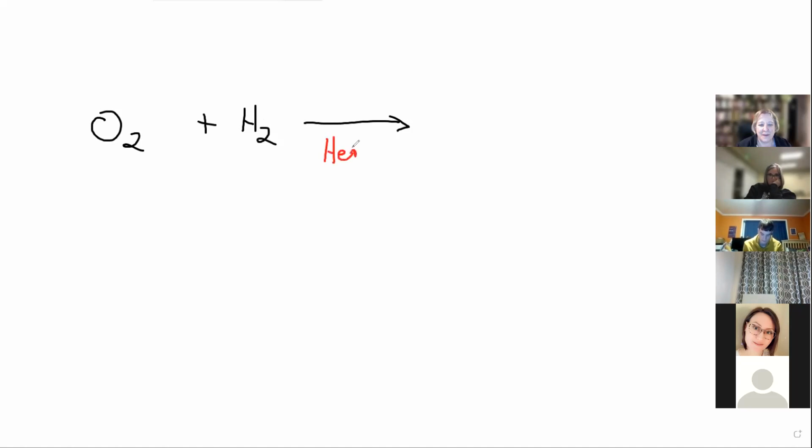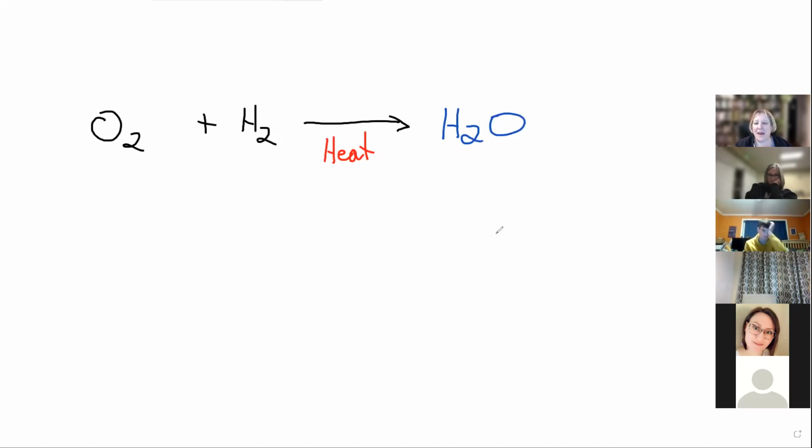Let's go ahead and do the one that I started with, which is where I take oxygen plus hydrogen, and I add some heat, energy in the form of a flame or, in the atmosphere, an electrical strike, and I'm going to form water.